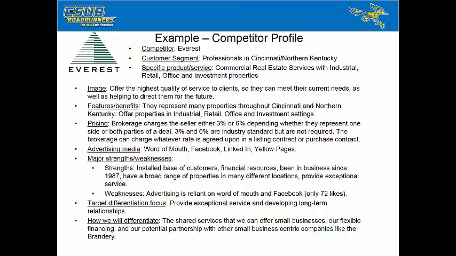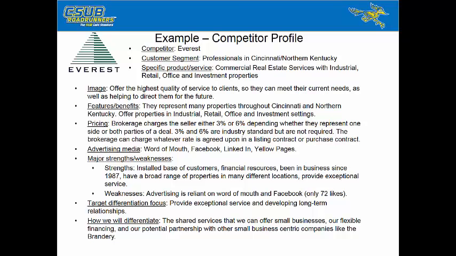So the image: they offered the highest quality service possible to clients so they can meet their current needs as well as helping direct them for the future. Features and benefits, the students wrote up how many properties they represented in Cincinnati and Northern Kentucky, and other property offerings that they had.